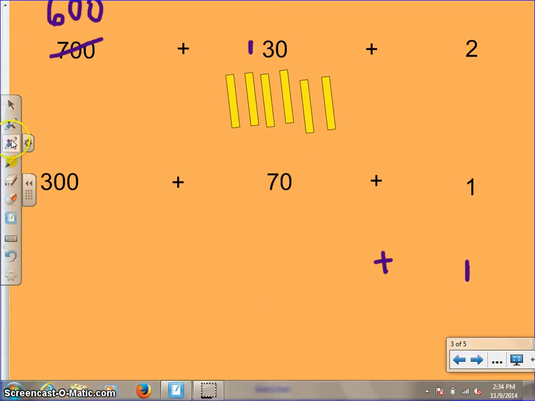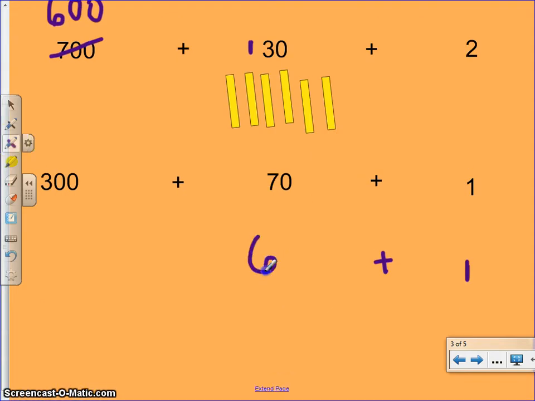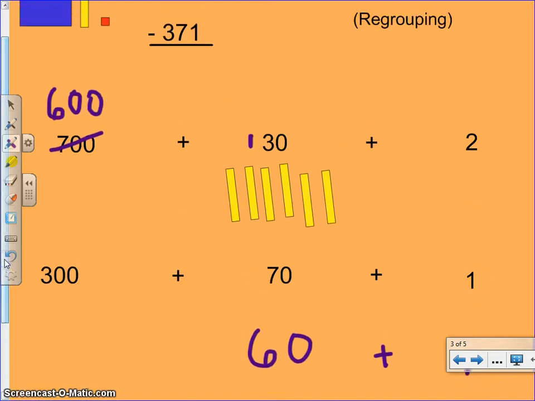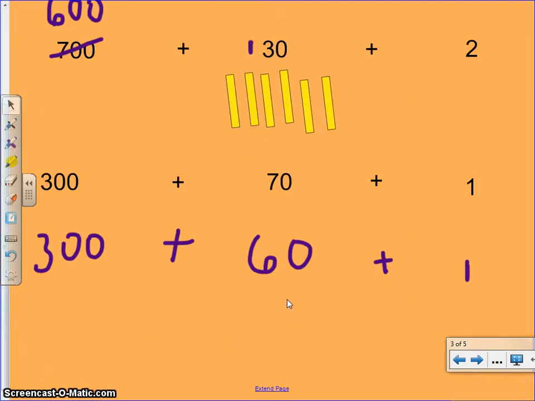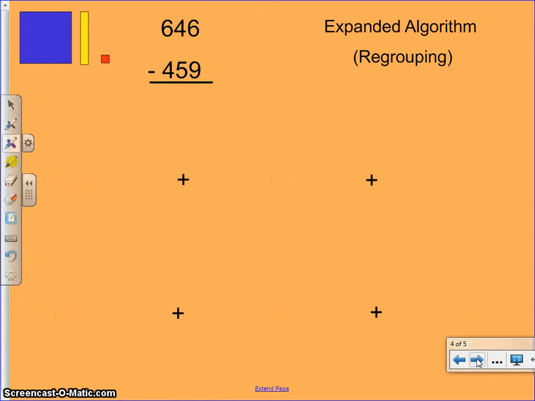So 130 minus 70 is going to give me 6 tens, or the number 60. Then I go ahead back into my subtraction sentence and I say 600 minus 300 is 300. Again, I take this expanded form and I shrink it back into standard form, and I have 300 plus 60 plus 1 is going to give me 361. Let me show you what that looks like one more time.